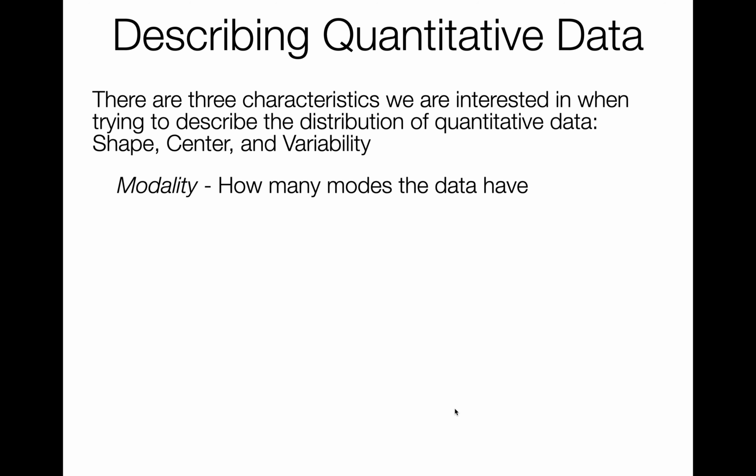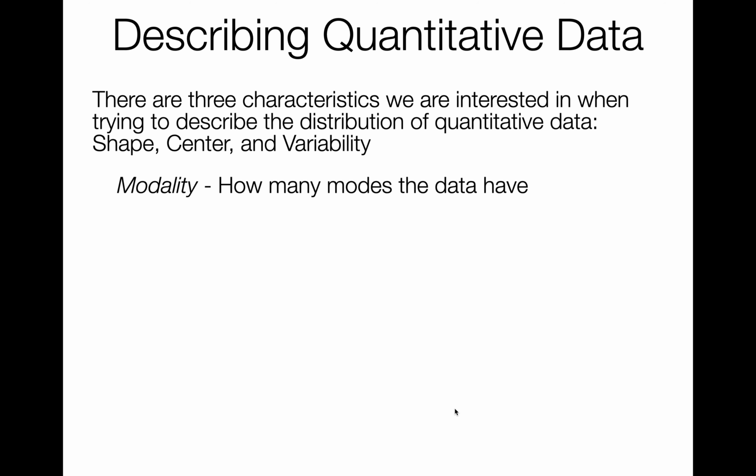There are a number of things that I can do to describe the shape of the data, and much of it comes from looking at the plots. The first is modality. How many modes does the data have? I'm missing a "does" in my slides here.